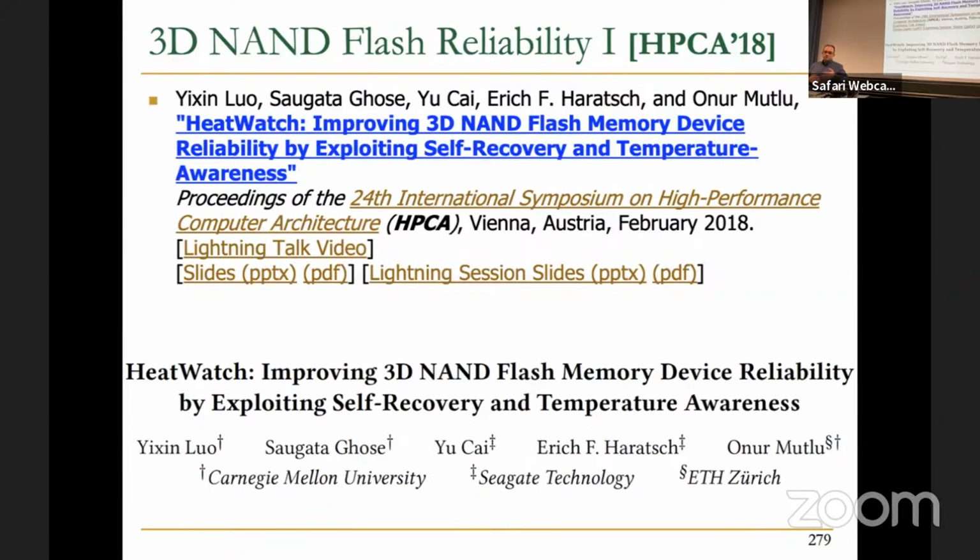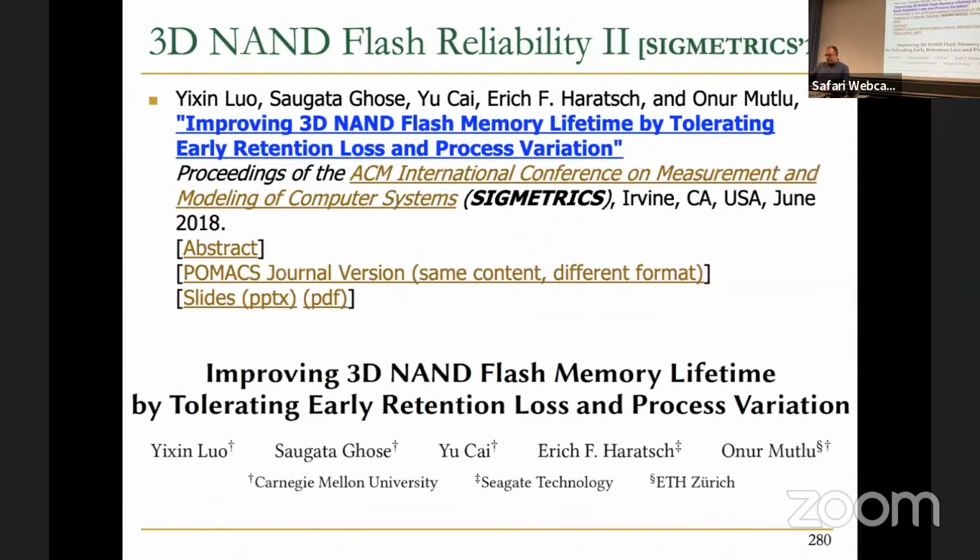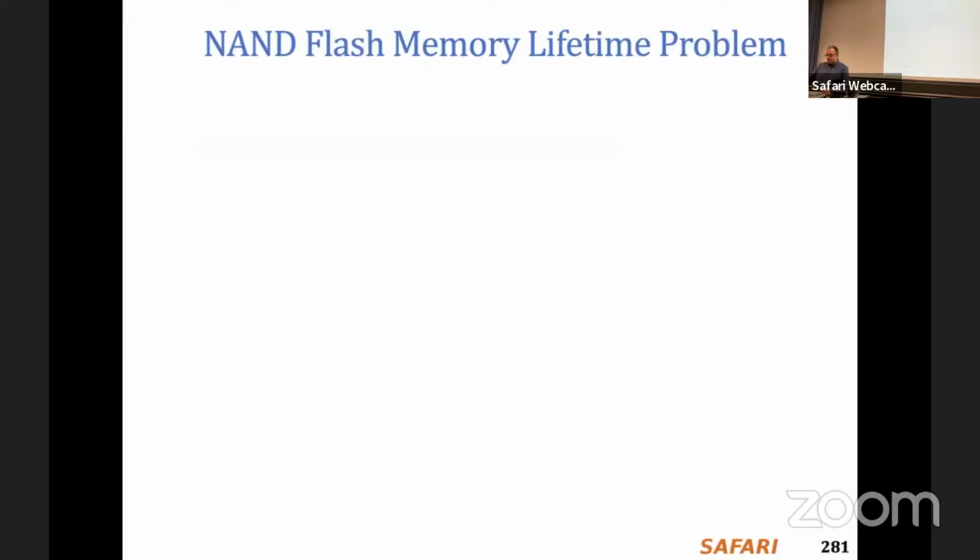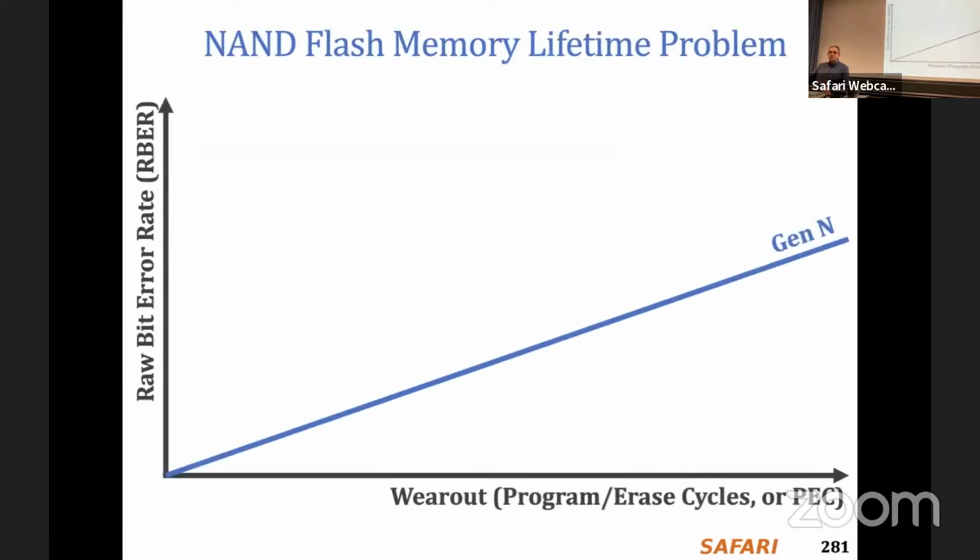But as we go into the future, in order to provide even higher capacity, they also need to reduce the cell size for 3D NAND flash memory as well. And now they are experiencing a lot of issues again. I'm going to discuss a few papers very quickly. I'm not going to go over them in detail.